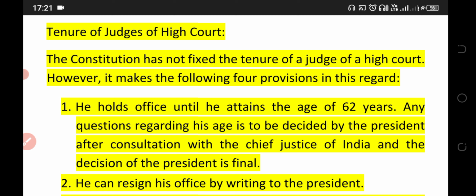Tenure of judges of high court. The Constitution has not fixed the tenure of the judges of the high court. However, it makes the following four provisions in this regard. He holds office until he attains the age of 62 years. Any question regarding his age is to be decided by the President after consultation with the Chief Justice of India, and the decision of the President is final.